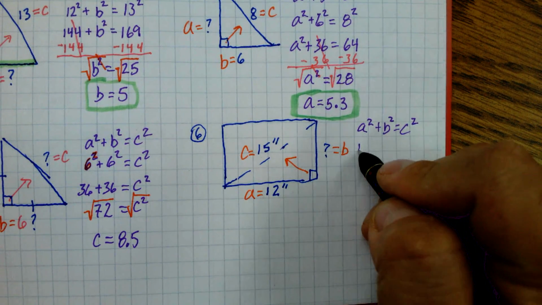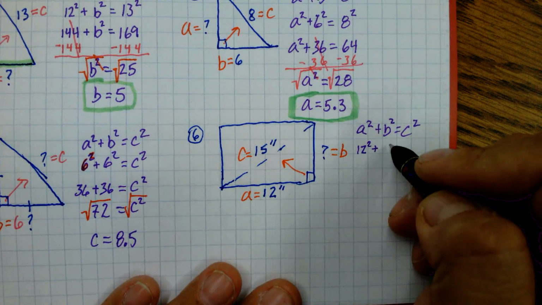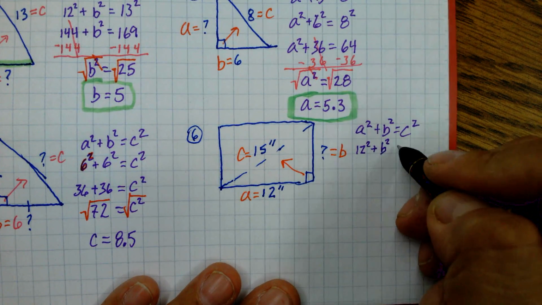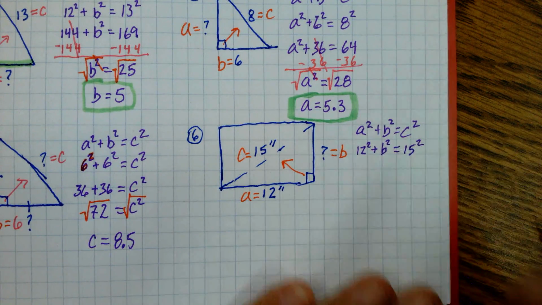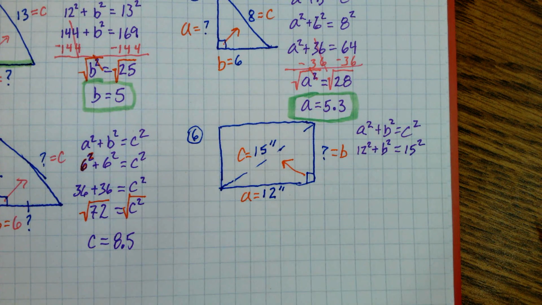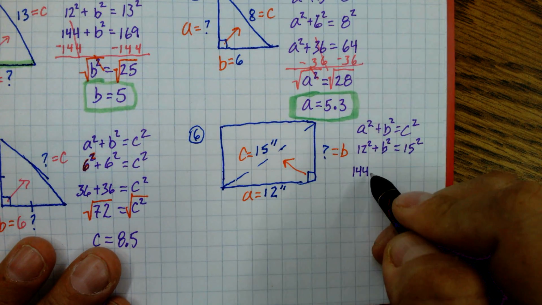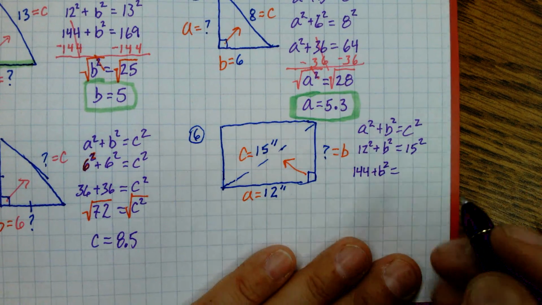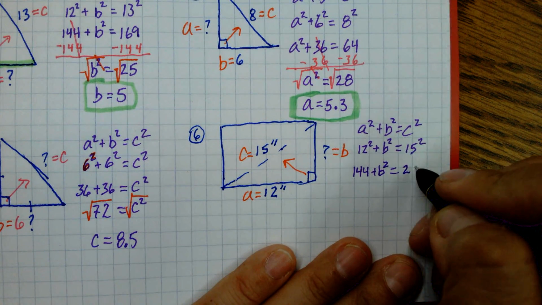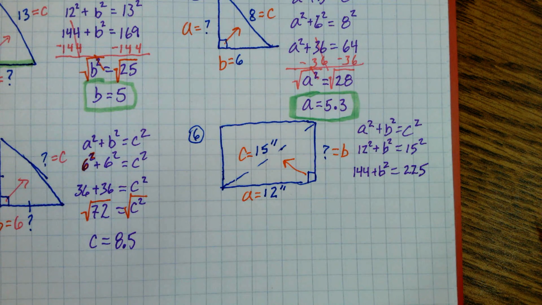So we got 12 squared plus b squared equals 15 squared. So far, so good. So that's 144 plus b squared equals 225. 15 times 15 is 225.